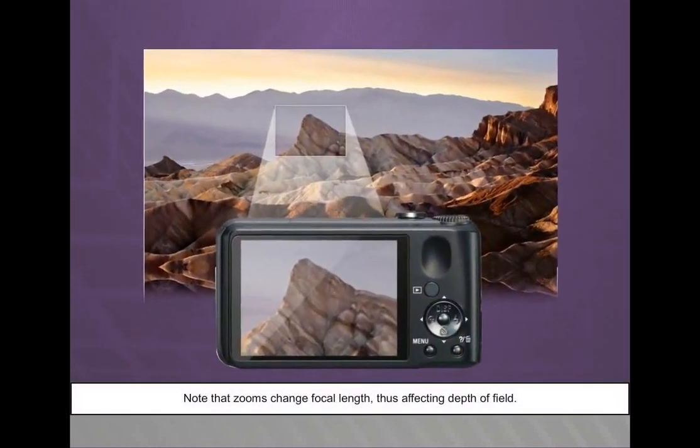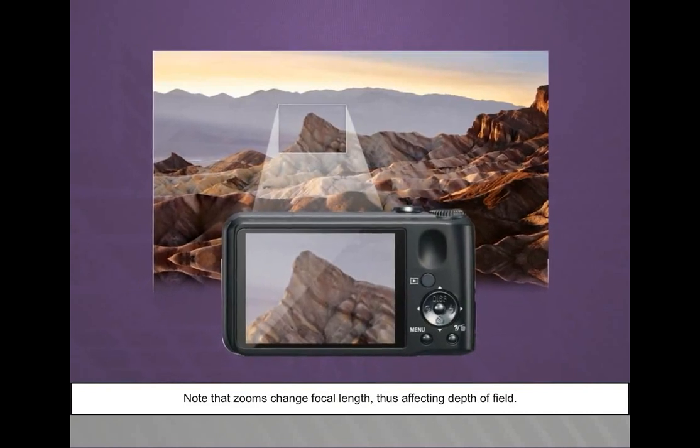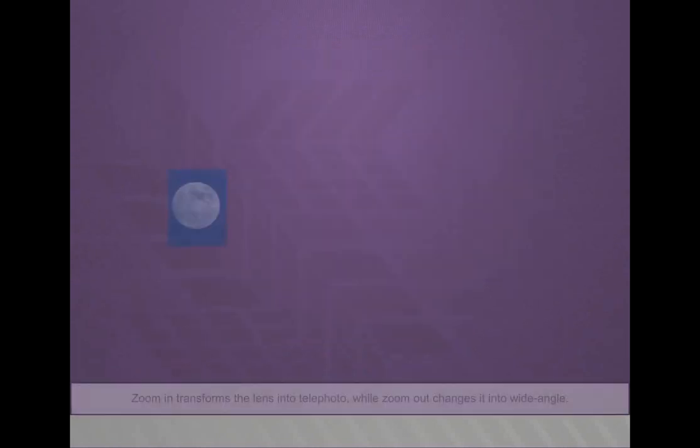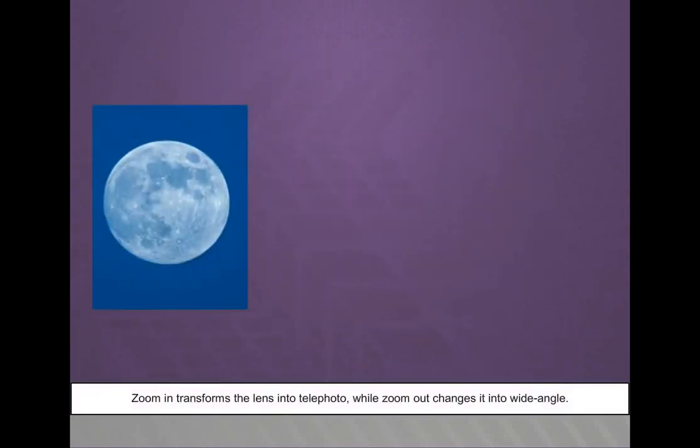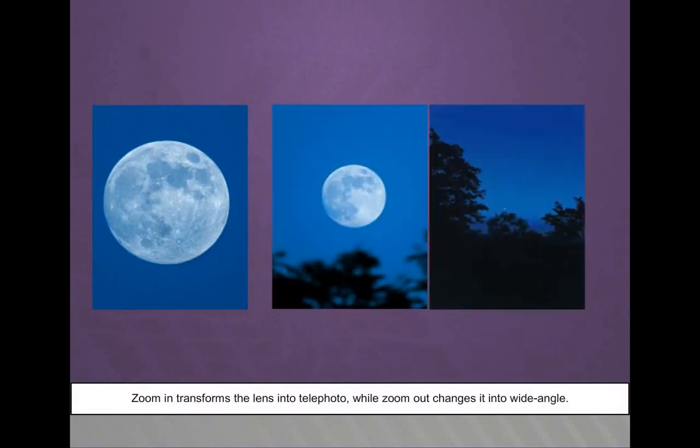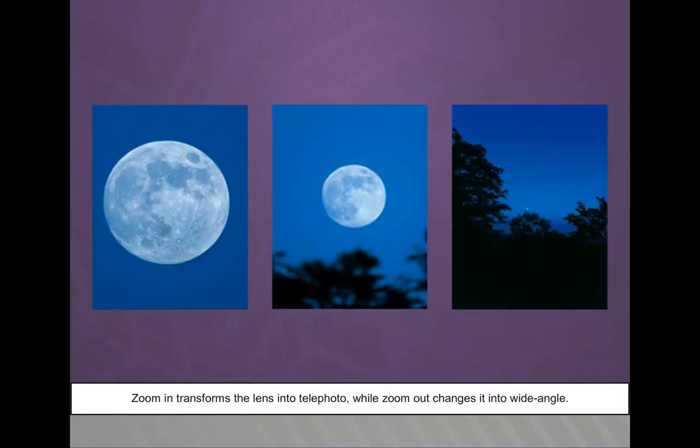Note that zooms change focal length, thus affecting depth of field. Zoom in transforms the lens into telephoto, while zoom out changes it into wide angle.